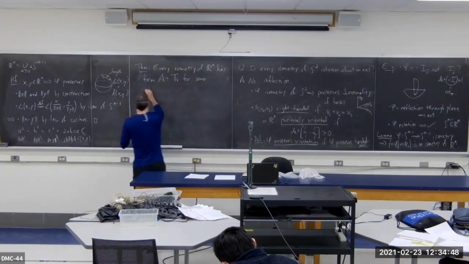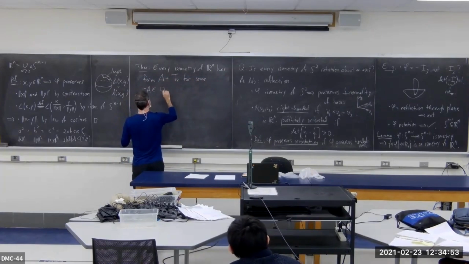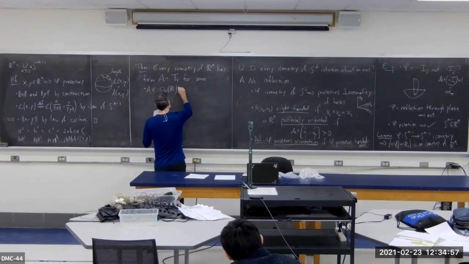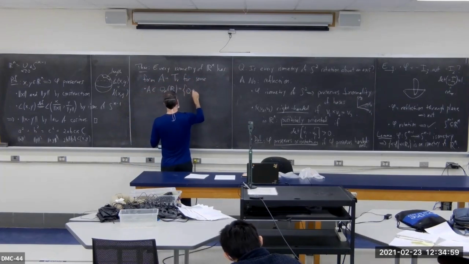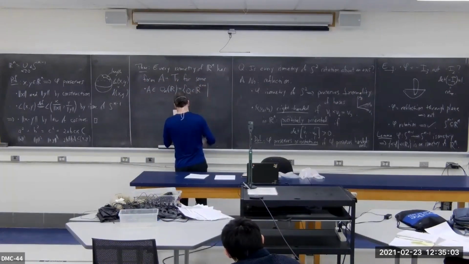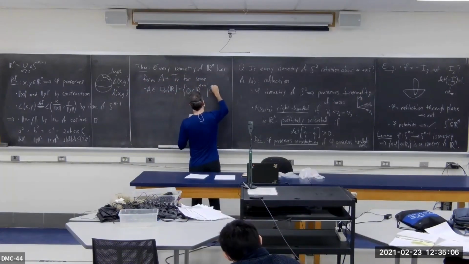Okay, where A is a matrix that is orthogonal, in O(n) of R. What is that? That's the n by n matrices Q such that Q inverse is equal to Q transpose.